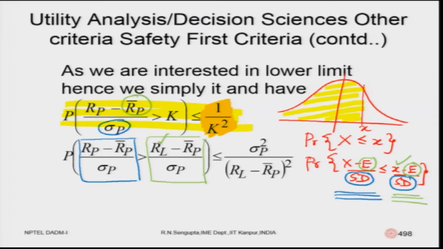So, 1 by k square would be equal to sigma square p, which is basically the standard deviation square or the variance of the set of all values for the portfolio, divided by, this is basically a sort of normalized norm, where I find the ratio of sigma square divided by RL minus RP square. RL minus RP square, I remember RP bar is fixed, RL is fixed.